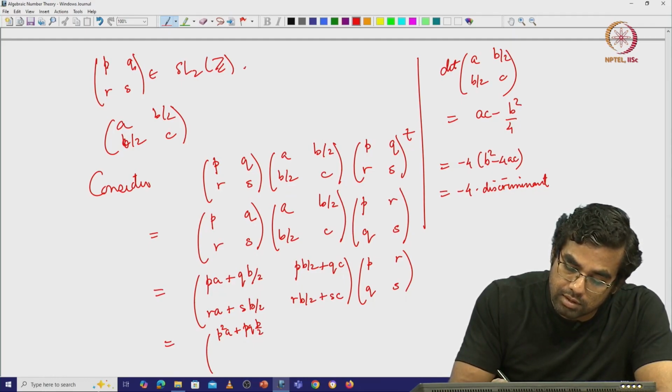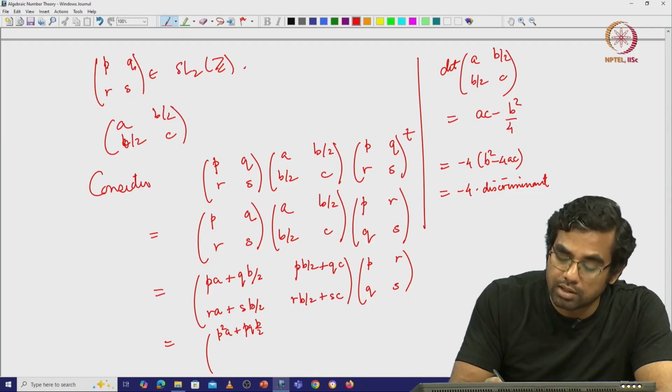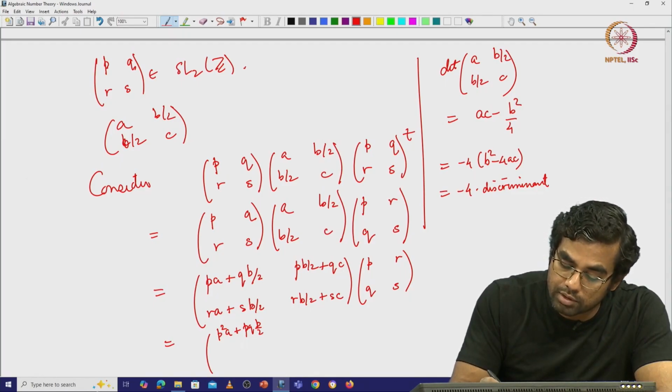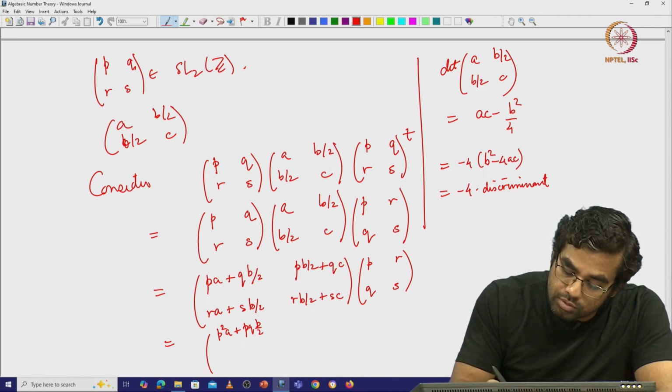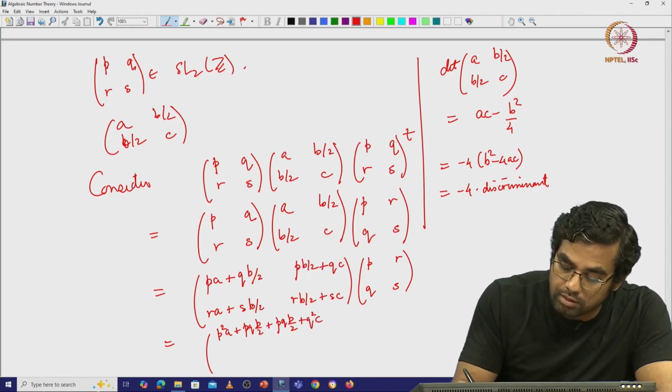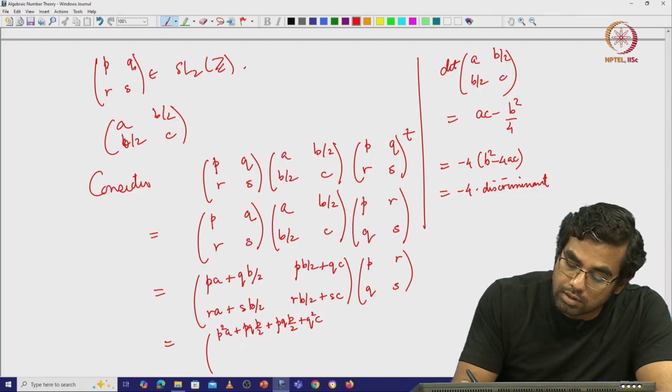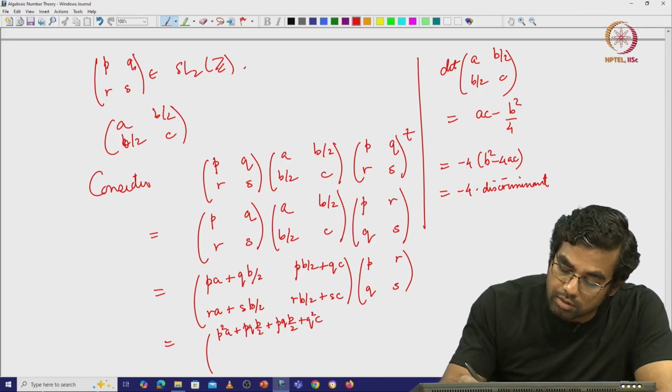Yeah, I mean there is a better way of thinking about this, and I will tell you soon enough. Anyway, let me write it down. So plus pq b by 2 plus q square c, and then you keep on going like this.